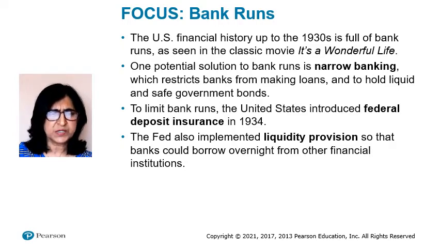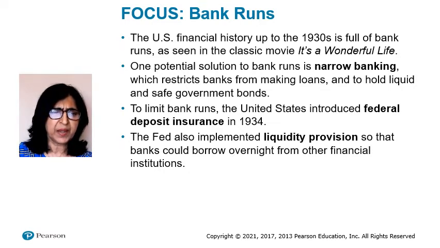Deposit insurance was enacted to limit bank runs. The US financial history up to the 1930s is full of bank runs, as seen in the classic movie It's a Wonderful Life. One potential solution to bank runs is narrow banking, which restricts banks from making loans and requires them to hold liquid and safe government bonds.